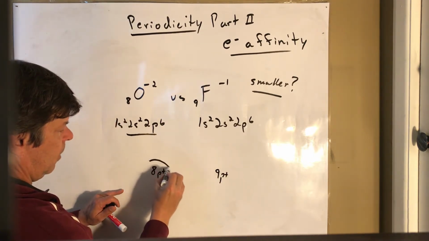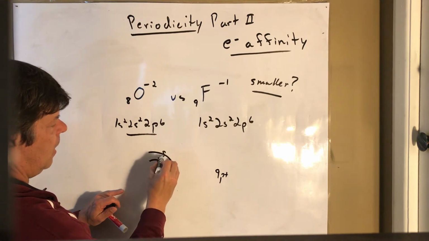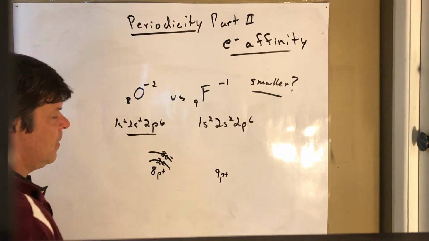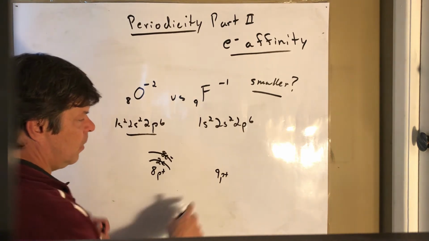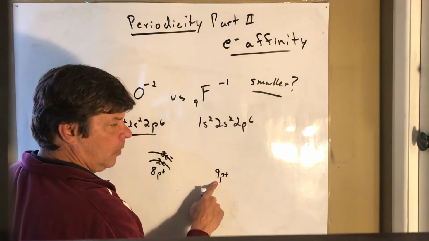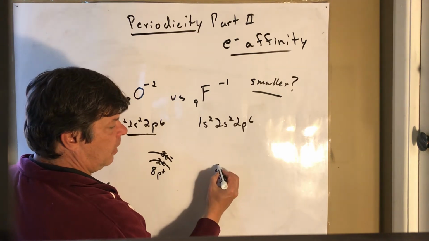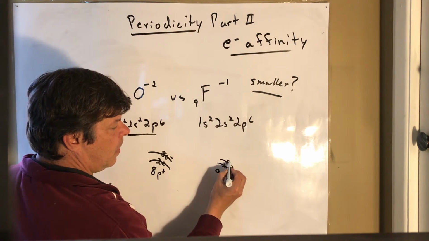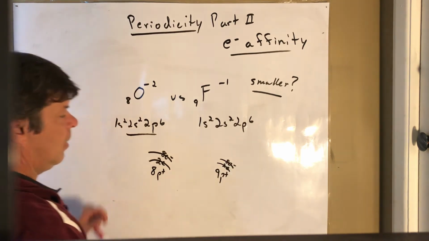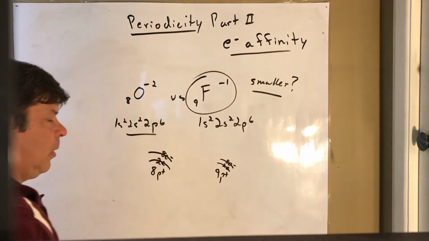So we have 2 electrons here in the first energy level, 8 electrons here, okay? Then, so the 9 protons, that nuclear charge is greater. It's gonna pull electrons in a little bit closer. I don't like my drawing, but fluoride will definitely be smaller because the nuclear charge is greater.